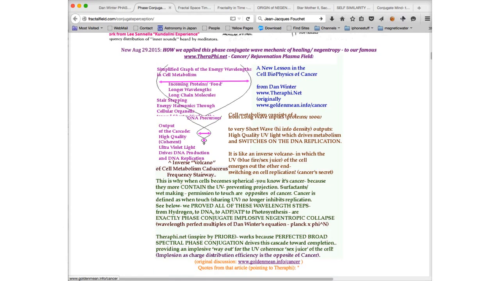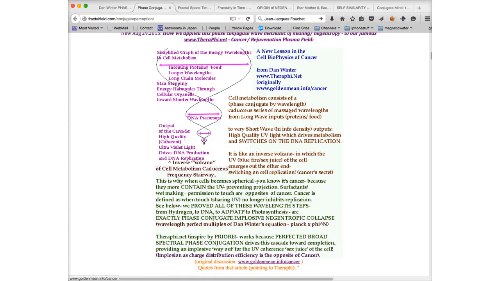Fractality in time. So this is the graph here from the intro to Therify.net, showing what I believe is a useful metaphor for cellular biophysics: the food protein changes come into the cell metabolism at a relatively long wavelength, and the cell massages the energy centers toward shorter and shorter, more coherent light inside the cell, toward DNA precursors, and finally toward the high quality coherent UV light, blue fire sex juice, which is the motor of replication.